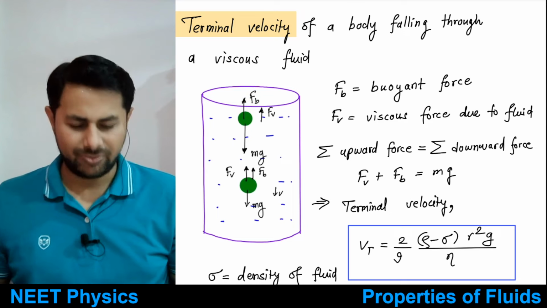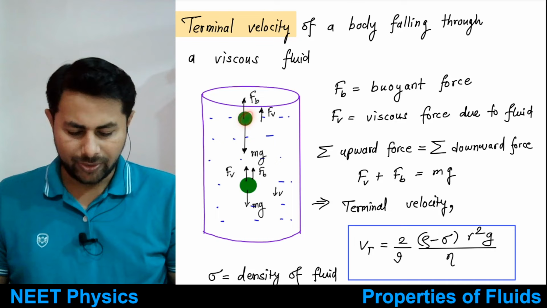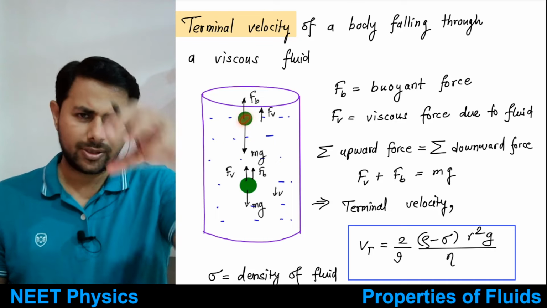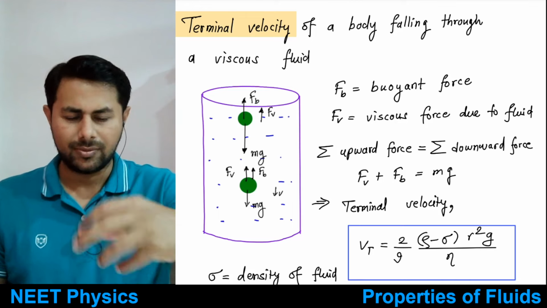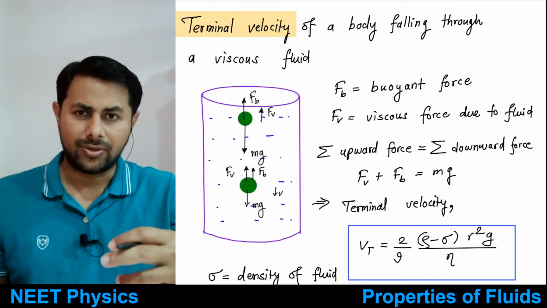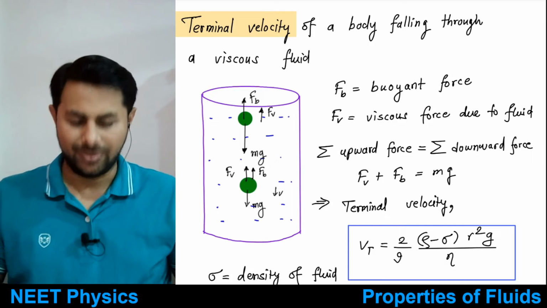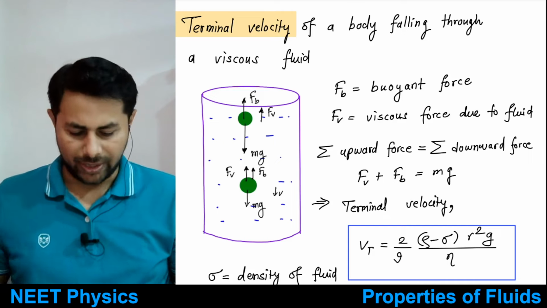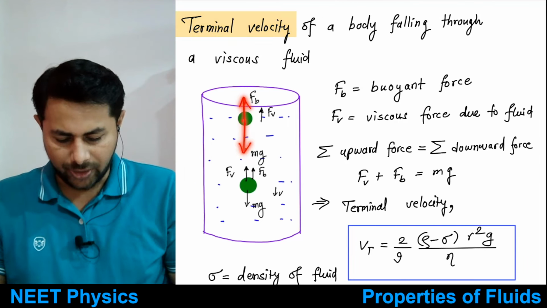In the last class we studied Archimedes principle. So there is a buoyant force equal to what? Suppose this whole ball is immersed in the fluid, then the buoyant force acting on it is equal to the weight of the fluid displaced by it, we know that. So there is a gravitational force and there is a buoyant force.